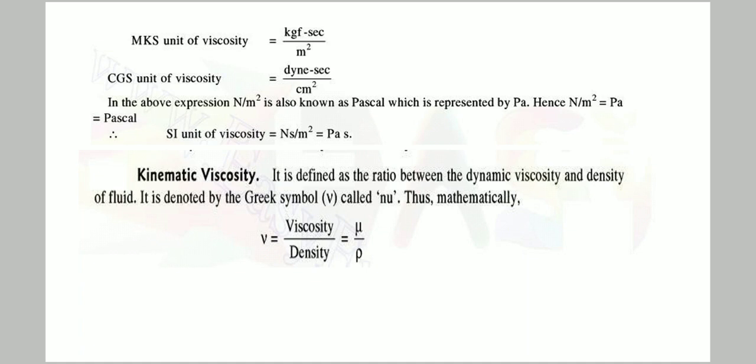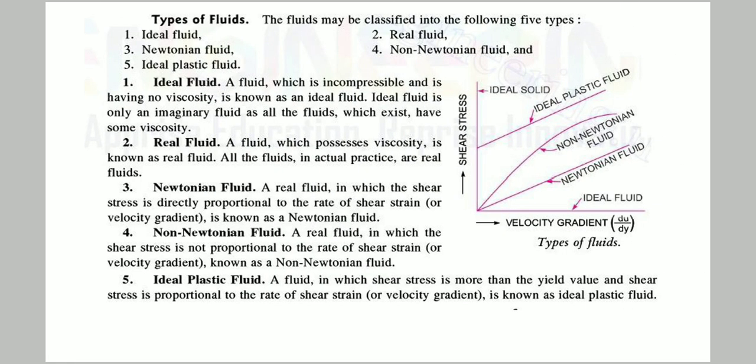Now kinematic viscosity. It is the ratio between dynamic viscosity and the density of a fluid. It is denoted by nu. So kinematic viscosity nu is equal to mu by rho, the dynamic viscosity by the density of the fluid. And we can classify the fluids based on Newton's law of viscosity.